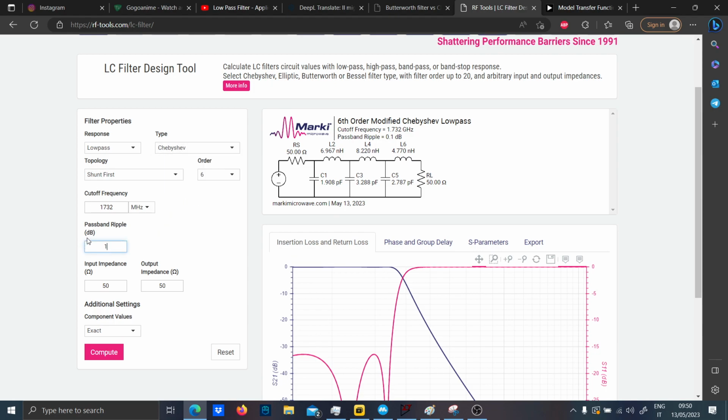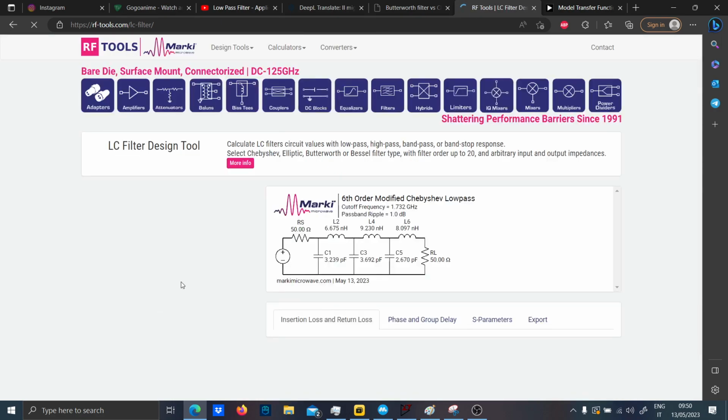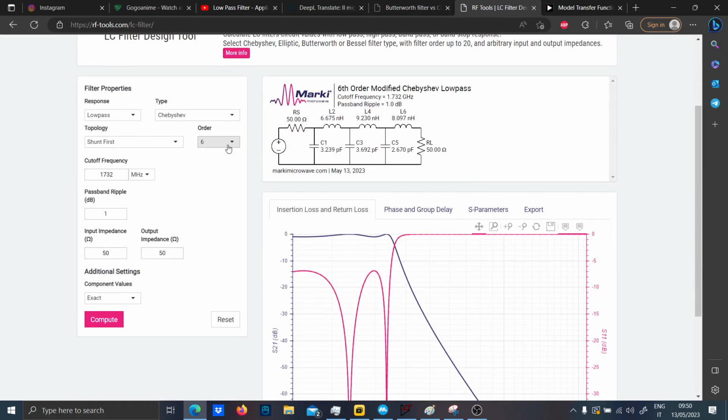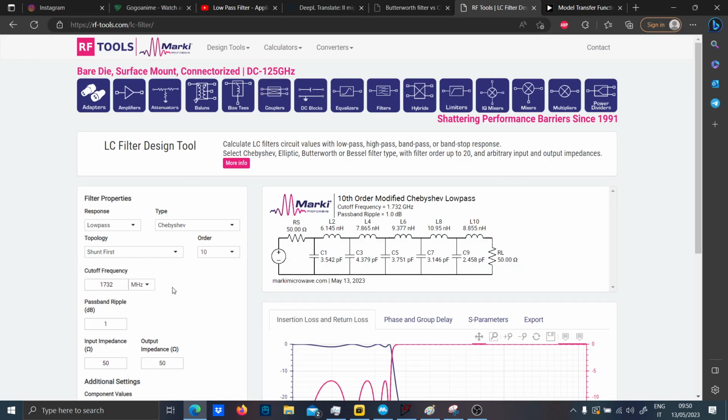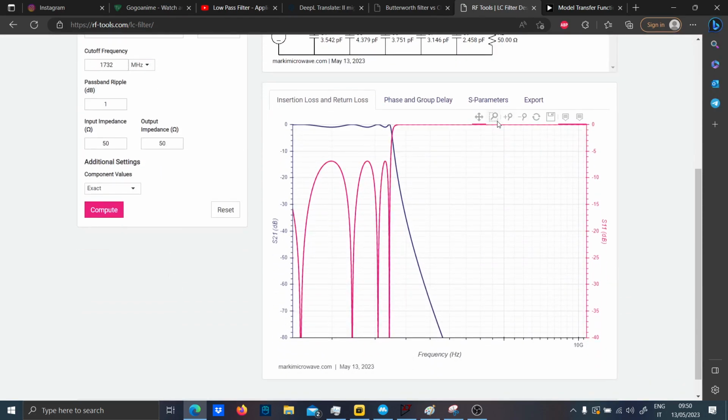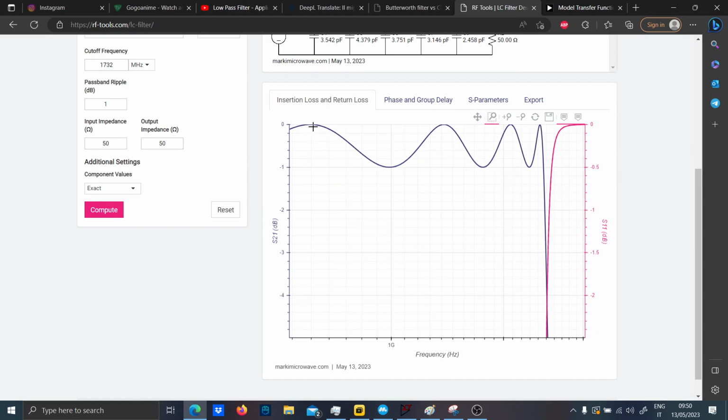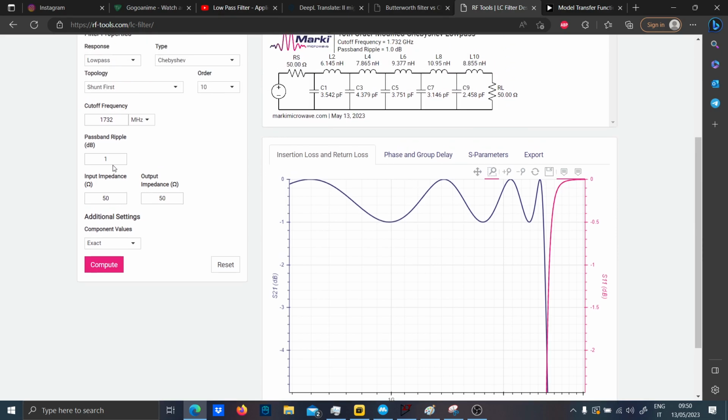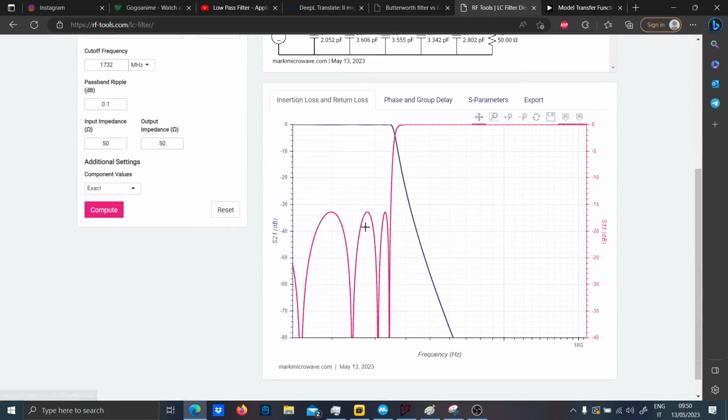So let me put 1 dB, because this is what you're going to get. And the higher the order, the higher will be the oscillation. As you can see, this is a 10th order Chebyshev filter, and the oscillation is very high. So even though you wrote 1 dB as passband ripple, it's going to oscillate very, very high. Even if you write 0.1, this oscillation is not going to change.